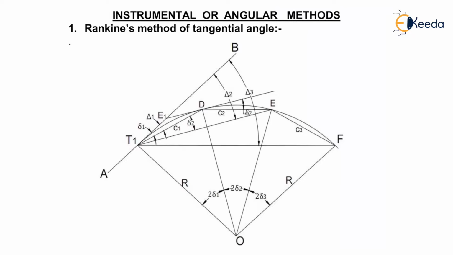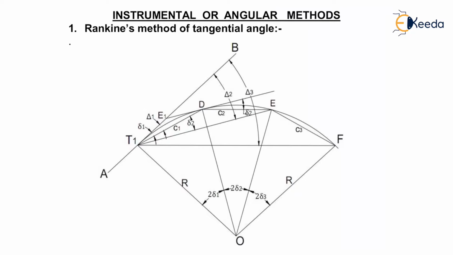C1, C2, C3 are the lengths of the chords T1D, DE, EF, etc., and R is the radius of the curve. Chord T1D is equal to R times T1D, that is very small, C1.